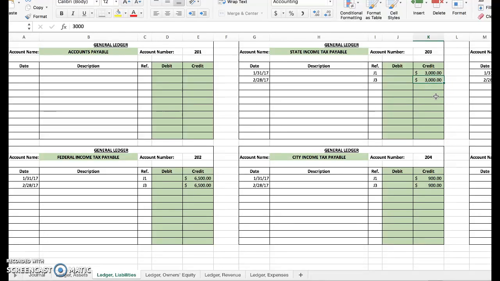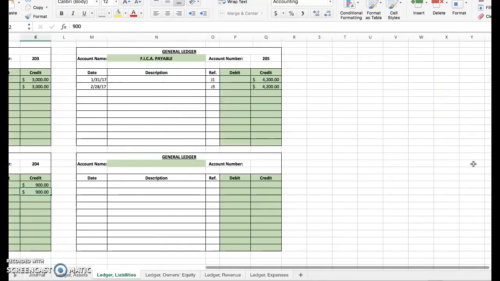Eventually, we'll have to pay that money for them because they earned it. City income tax payable, same way. Some cities have their own income tax that folks who work within the city have to pay, and in this case, based on journal page 1, again, journal page 3, for January, then February, we withheld $900 each month.